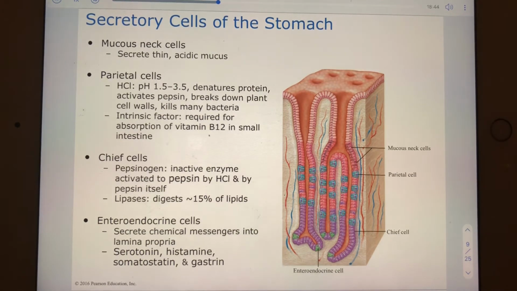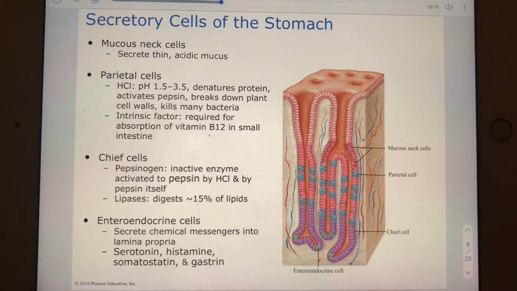Your stomach is the site of intrinsic factor production. More specifically, your parietal cells are the site of intrinsic factor production. And it's thanks to intrinsic factor that we can successfully absorb vitamin B12 across the wall of the small intestine. So we've talked about intrinsic factor briefly before when we were talking about pernicious anemia. So parietal cells, HCl, and intrinsic factor.